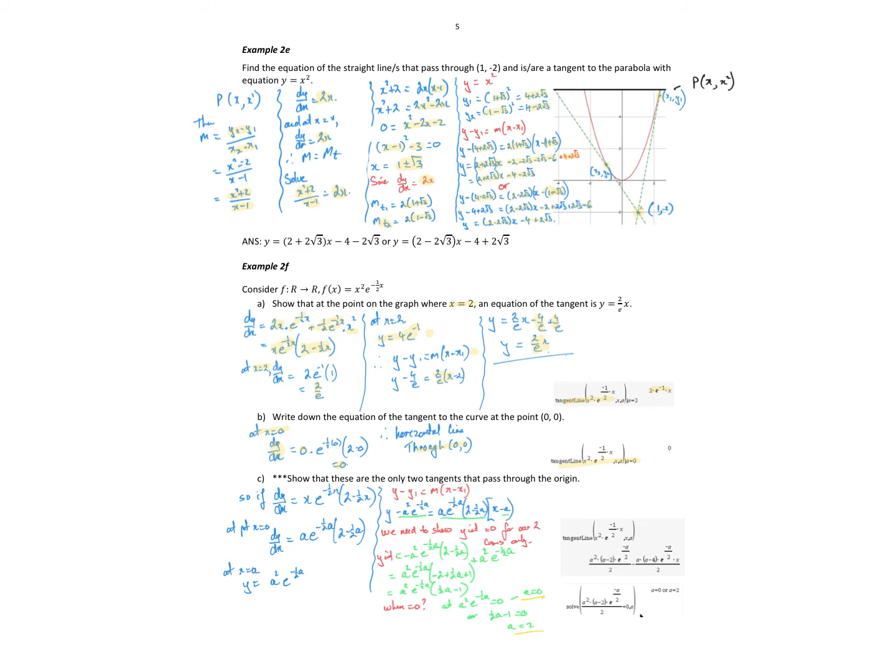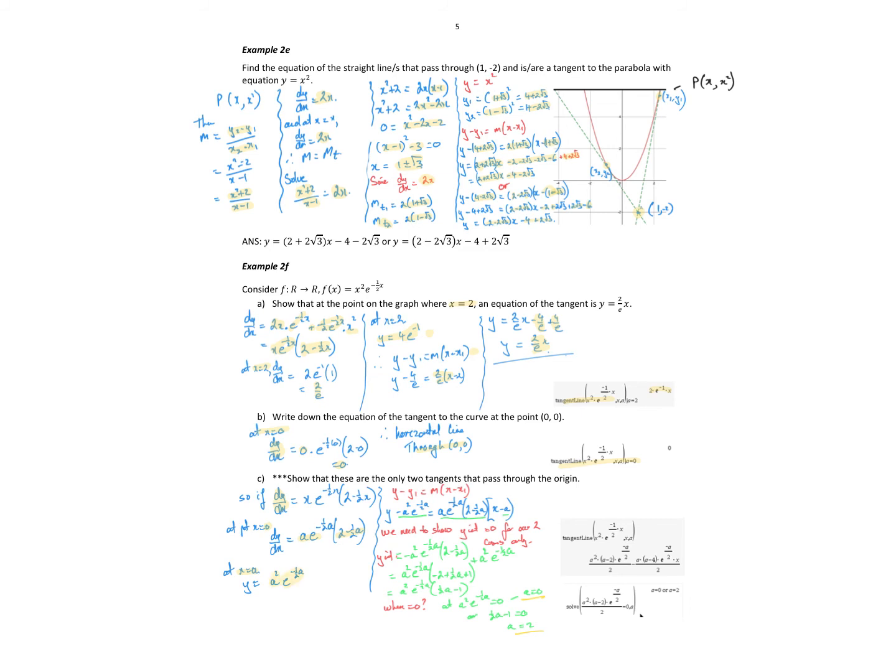So let's get the generic tangent line. We've got dy dx. I'm just going to put a point x equal to a. It's a pretty bad a, but it's an a. So dy dx is a e to the minus half a, times 2 minus a half a. And if I put x equal to a into the function y, I get a squared e to the minus half a.